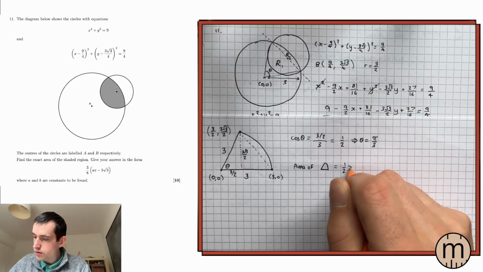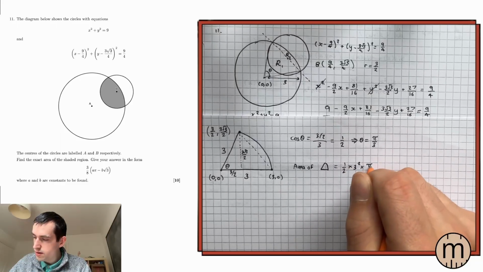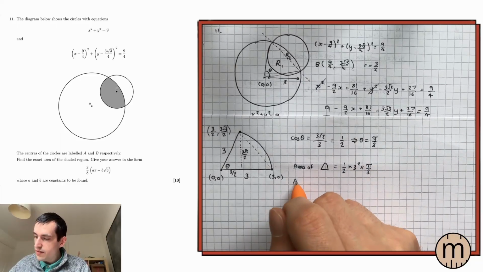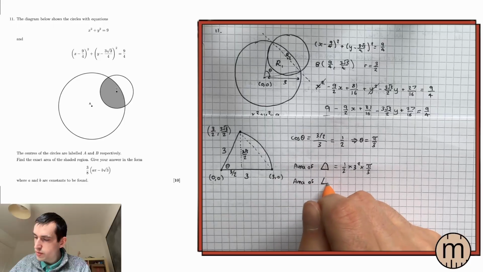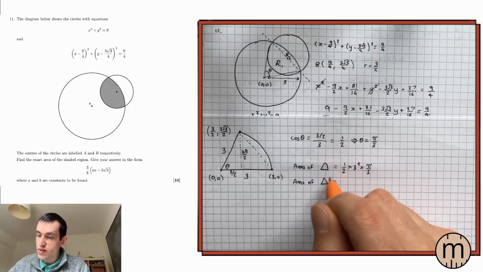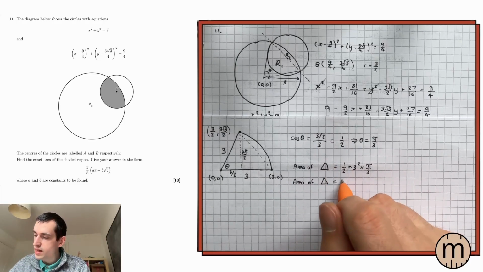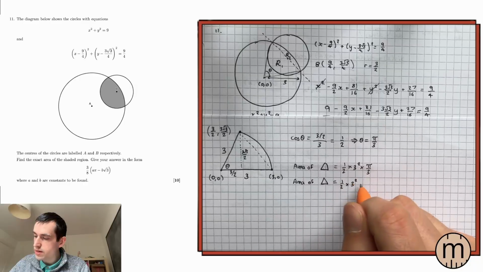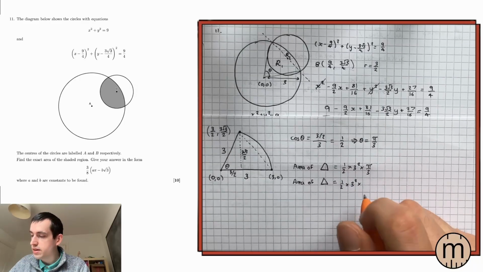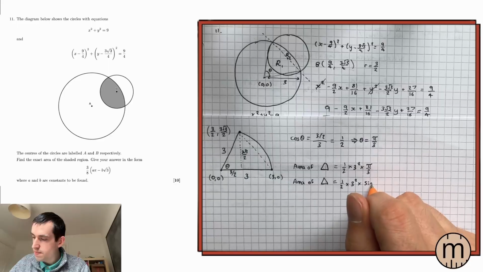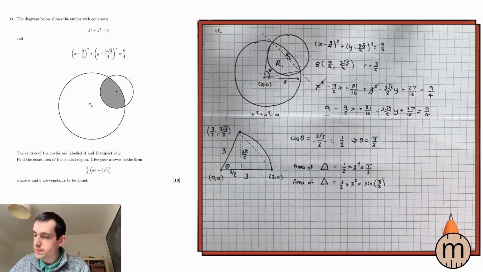half r squared theta. And then the area of the triangle that we want to take away, which looks very similar, but that is a bit rounded, is half ab sine theta, so sine pi over 3.